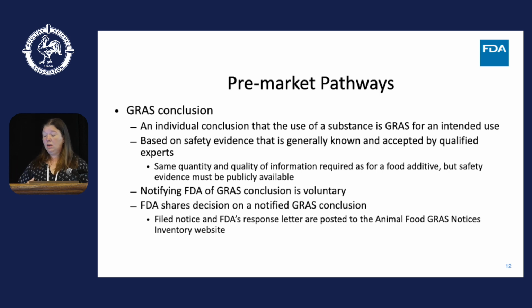So as I mentioned, even though a firm does not need to go through the pre-market approval pathway, they're not required to for GRAS, there are, again, similarities between that and the food additive pathway.